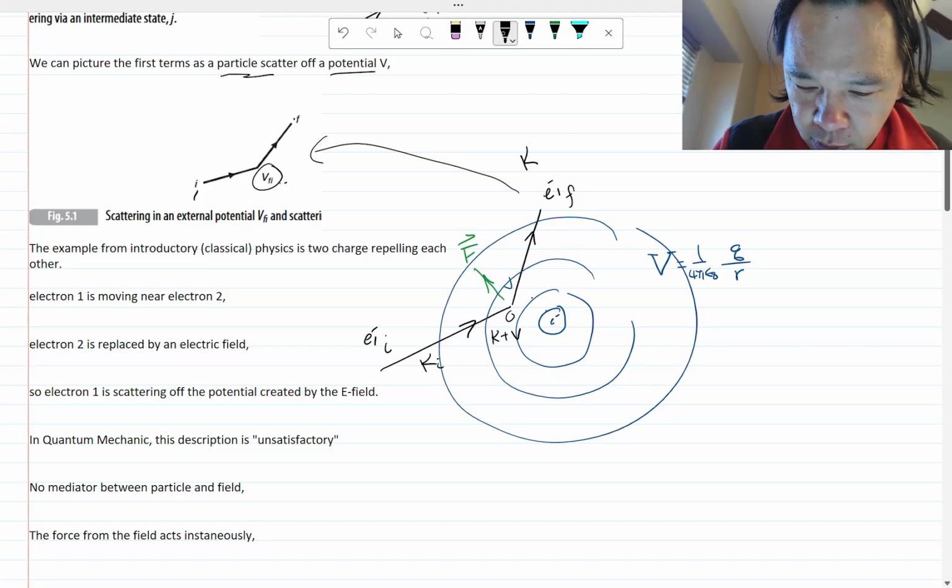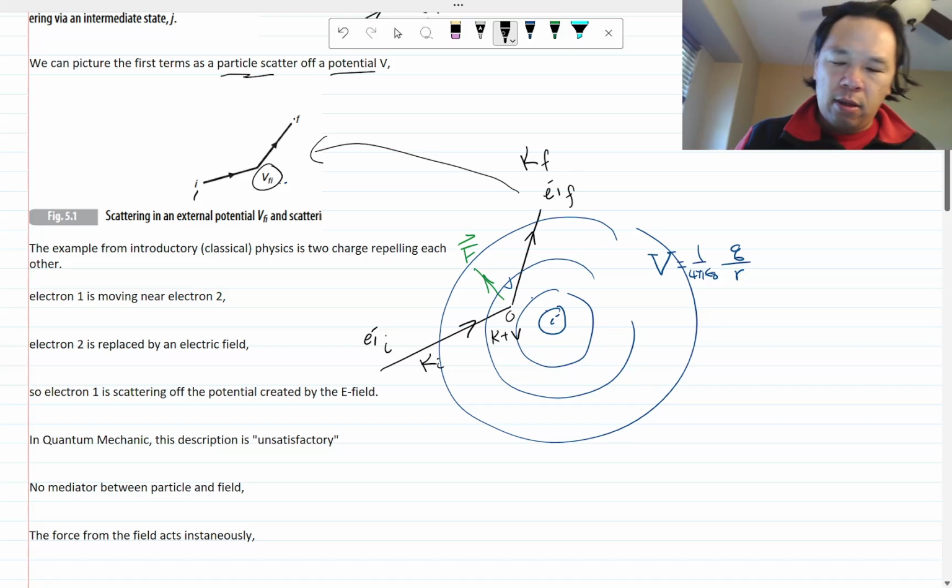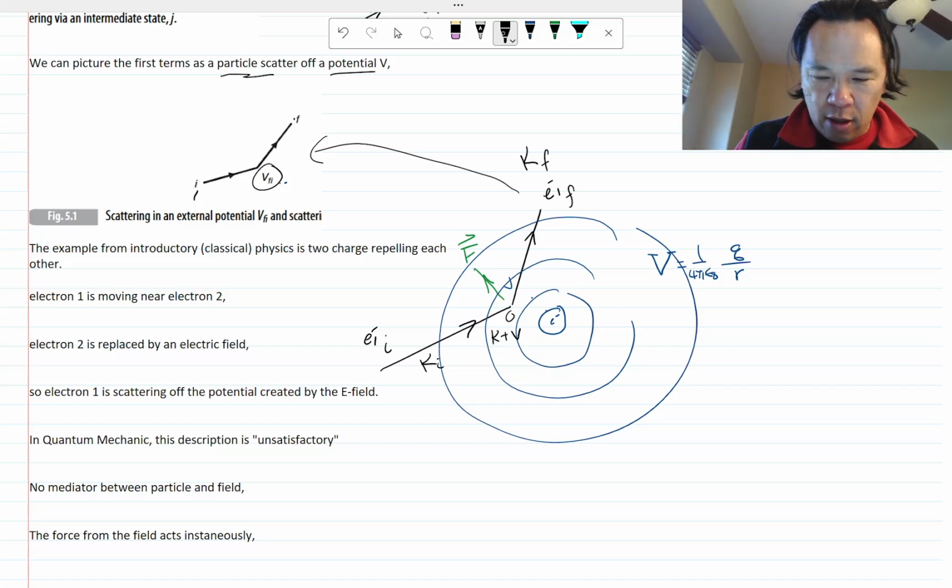So this is a way to also think about how an electron interacts with another electron, which is giving off an electric field, electric force, electric potential. All of them are just different ways to describe the same thing.